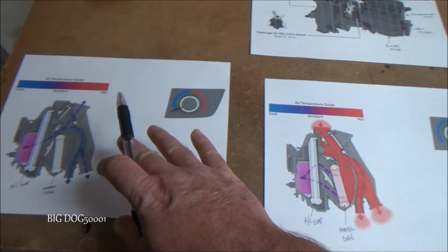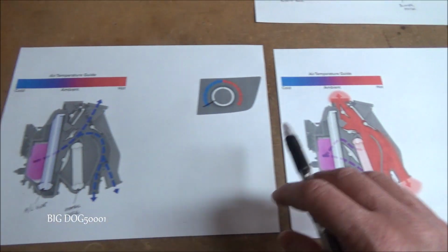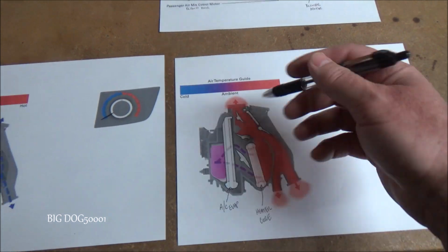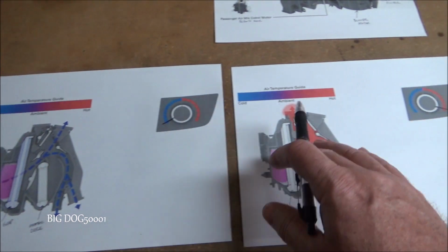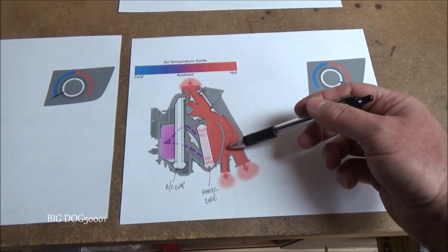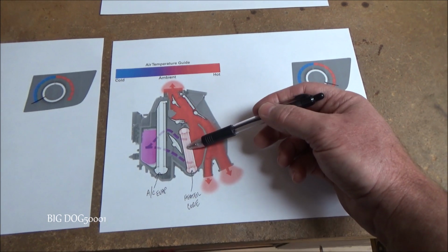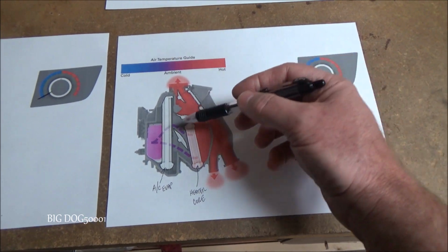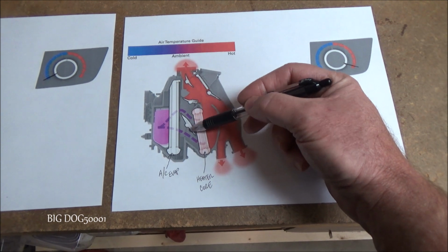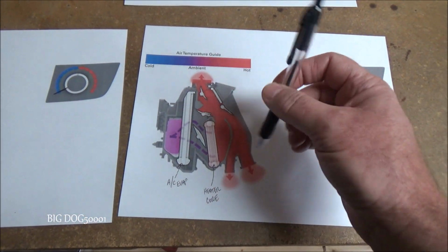So that's a typical setup, and that's a typical way that these blend doors work, and we got a good shot of the mode doors, how they change everything and how everything's working. Most modern systems run this way, where we run the air across the AC and then we run it across the heater, and then we just change the position of this door, whether it be like this or like this or like this, and that can blend.